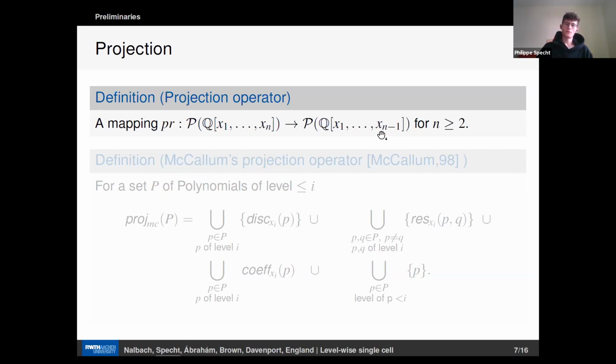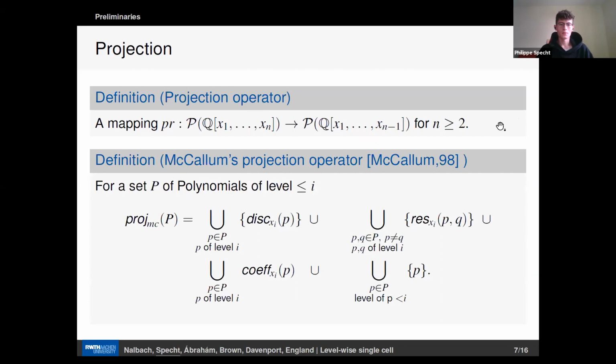But if we have an additional property fulfilled by such an operator, so that the roots of these polynomials are reflected in the projected polynomials, then we can use this for our purposes. And one operator that does this is McCallum's projection operator.